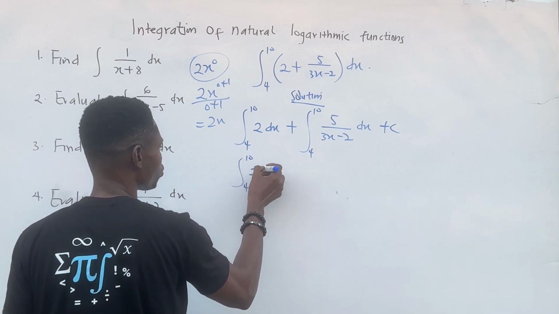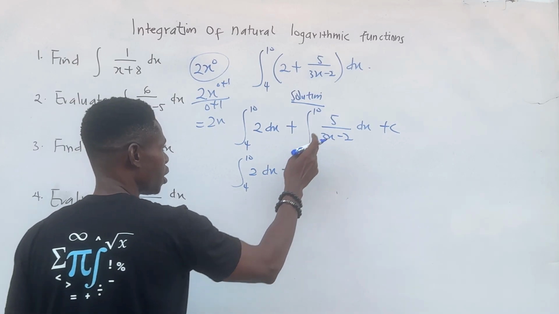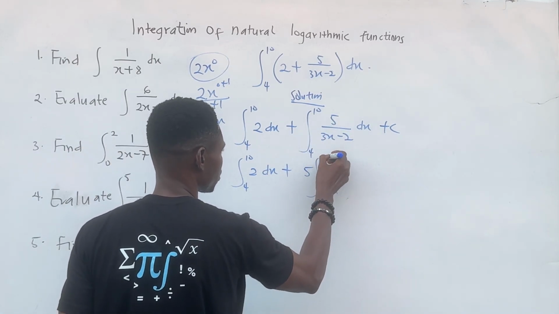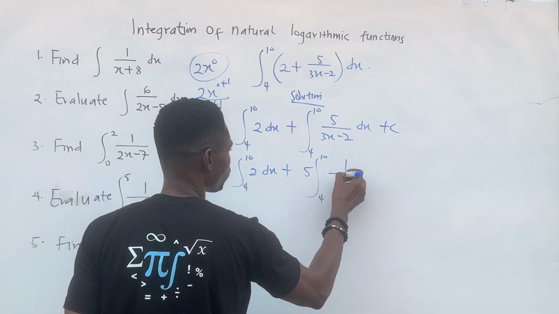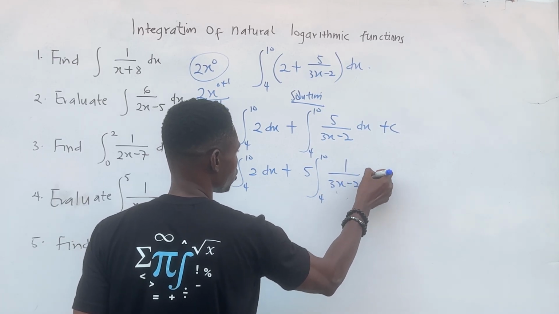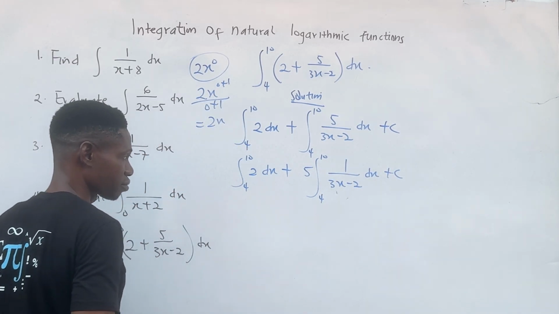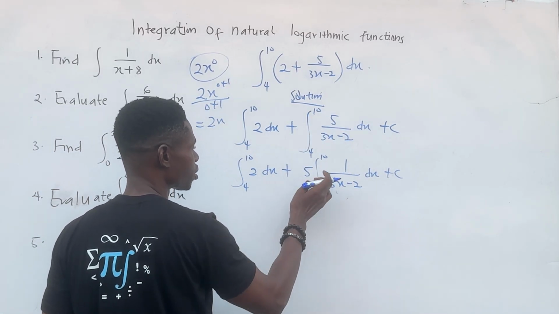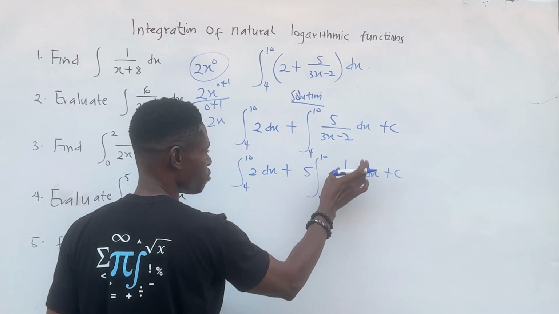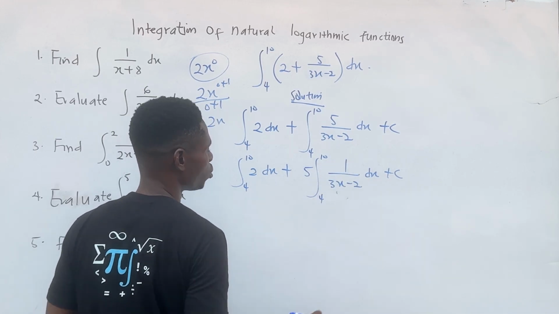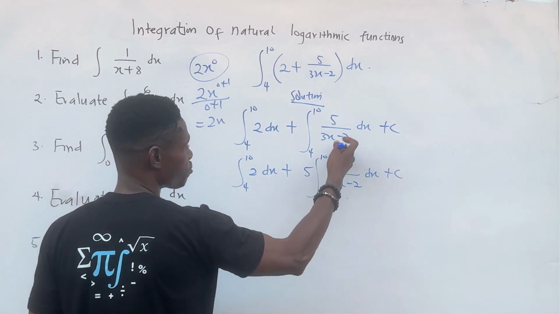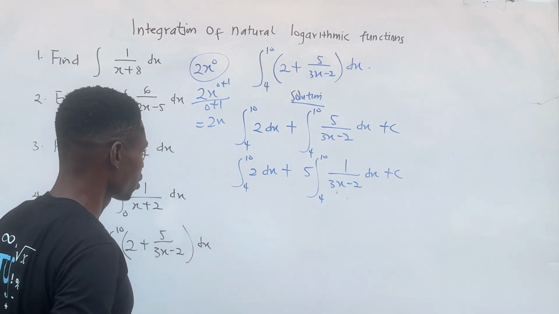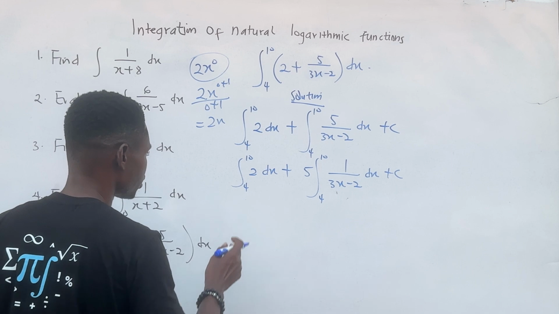From 10 to 4, we have 2 dx plus, here remember, we can say this is 5 times the integral from 10 to 4 of 1 over 3x minus 2 dx plus c. I think we've done this earlier where this 5 we brought outside because 5 multiplied by 1 is still 5. We want it to come in a form where we can use our natural logarithms. Okay, so let's integrate now.